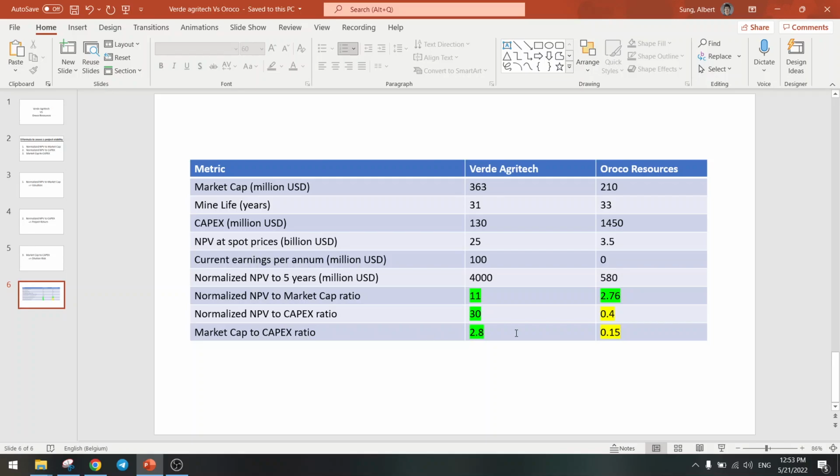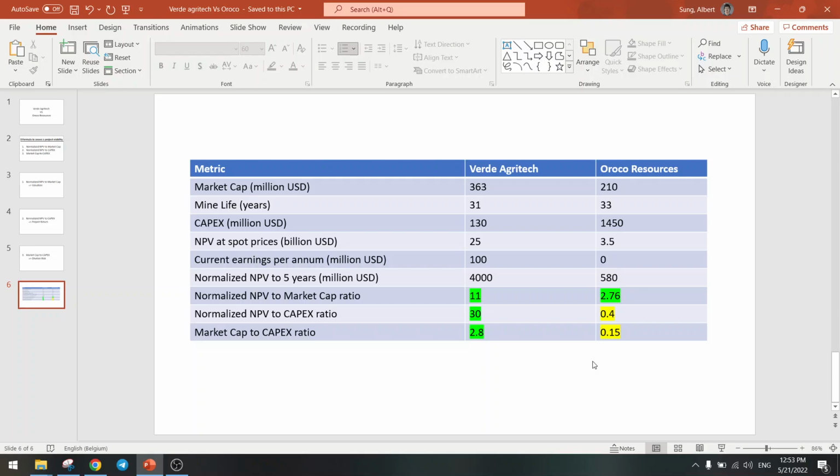So Verde has low dilution risk. Now we take a look at Oroco Resources. We only have a 200 million market cap and the CAPEX is much higher. So this company will never go into production on its own. It needs to be bought out by someone. This is tiny, so they can never get into production like this.